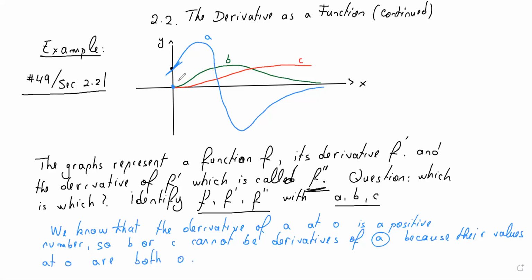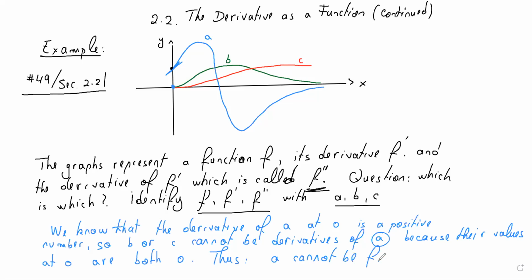If you look at the graph carefully, both green and red start at 0, 0. So A cannot be f, because then one of these would have to be the derivative f prime, and that's not possible. Thus we can say here A cannot be f.